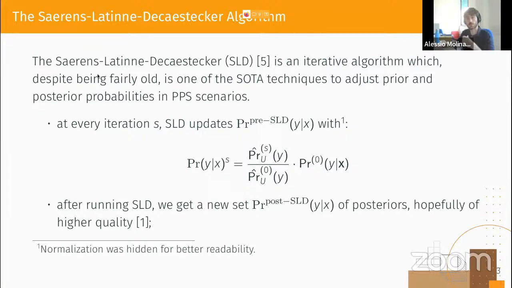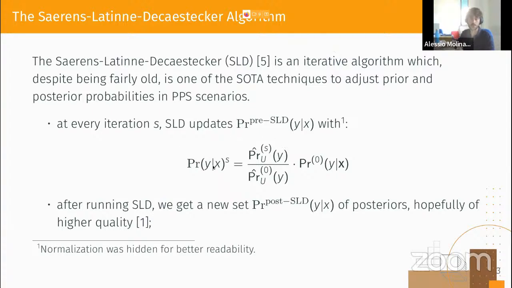Well, the Saerens, Latinne and Decaestecker algorithm, also known as expectation maximization for quantification, is a rather old iterative algorithm, but it's still the state-of-the-art technique to adjust both the prior and posterior probabilities in PPS scenarios.